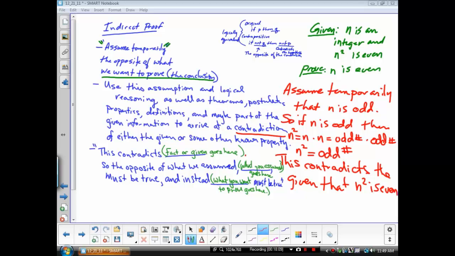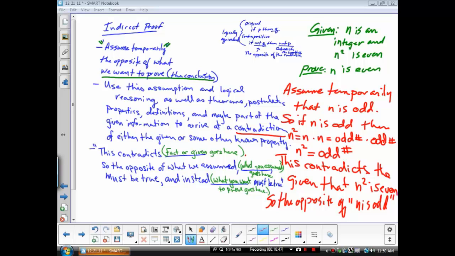Now we go with, so the opposite of what we assumed, that n is odd, must be true, and instead n is even. This is supposed to be n is odd. I know my writing kind of slid together.